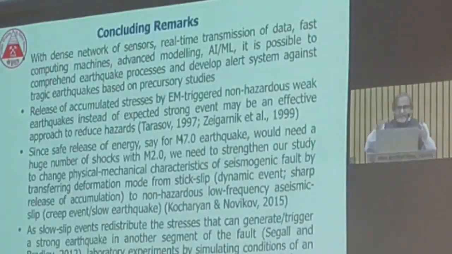But is it possible, through some exercise or modeling, to change the physical and chemical properties of the seismogenic fault, by which we can transfer the deformation from stick-slip to a slow earthquake or creep event, so that it could not have that much energy? Is it possible to have some sort of slippery condition or other physical chemical change so that we'll be able to do that?